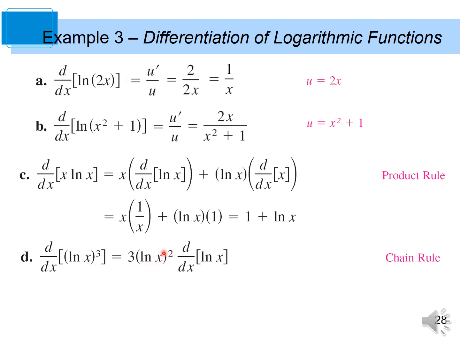U to the power n minus 1 times u prime. General power rule. You need to recognize the function. The function that has power, you need to use the general power rule. And differentiate the natural log of x with respect to x. So we use the first formula because this is not the composite function. So we have 1 over x here. So this is the answer.